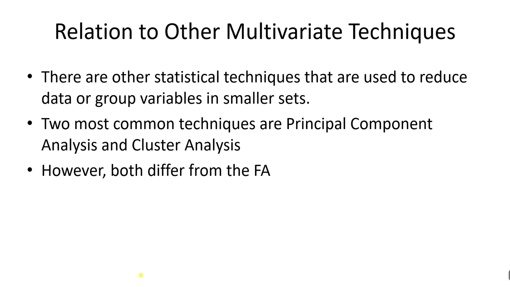So here I would like to emphasize that don't confuse that all the data reduction techniques are factor analysis. But the other way we are correct. Factor analysis is a type of data reduction technique, but all types of data reduction technique like principal component analysis or cluster analysis is not basically factor analysis.